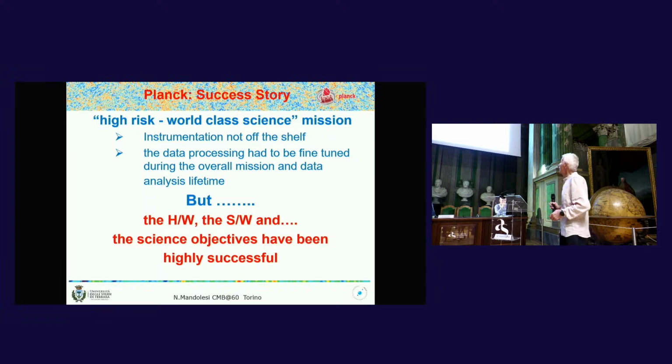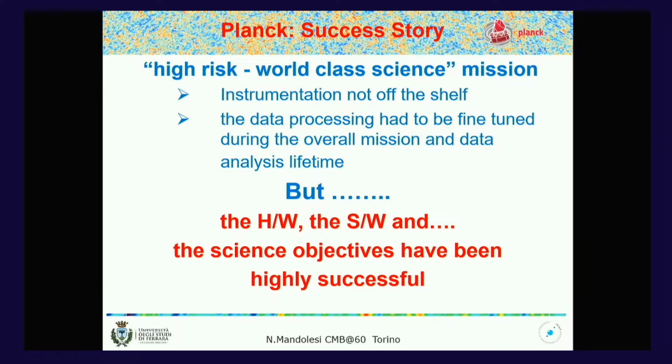What was Planck, then called Planck, was a world-class science mission, very risky, because there was no hardware off the shelf ready. Data processing very complicated, as we see and we have seen later on.